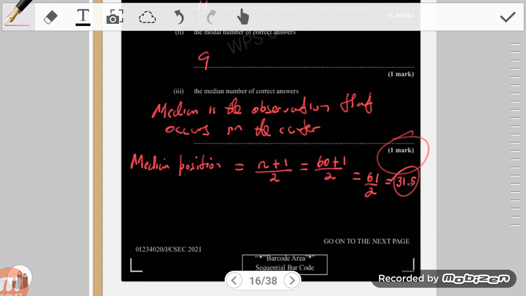So this tells me here that the median value is located between the 31st and the 32nd value. So I need to find out what is this 31st value and what is this 32nd value, and then I'll just add them together and divide by 2. So I think that's the best way of doing this.